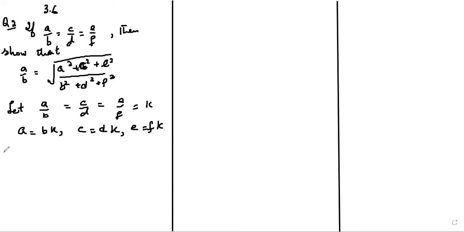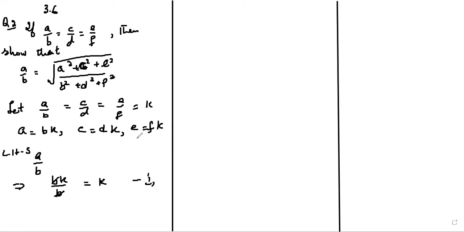So left hand side, A over B. Now A equals BK implies BK over B. So B got cancelled. We are left with K, which is named as number 1.